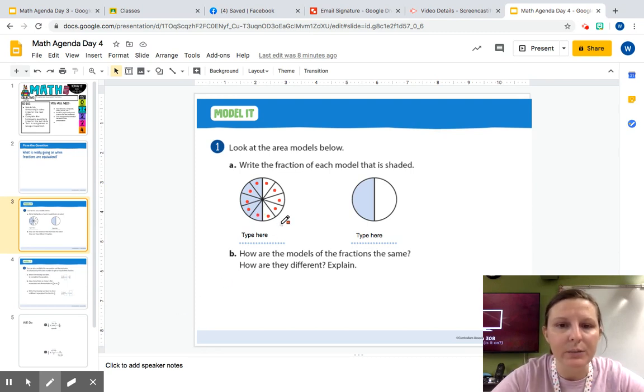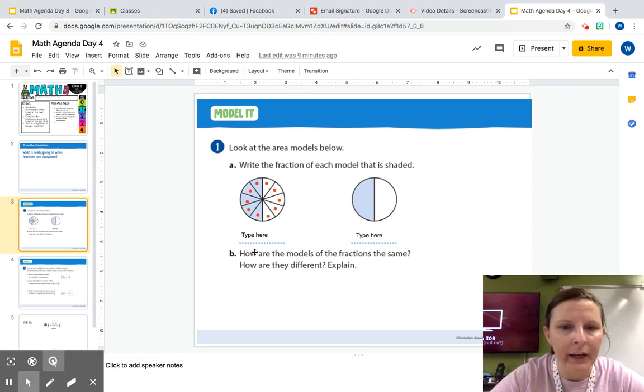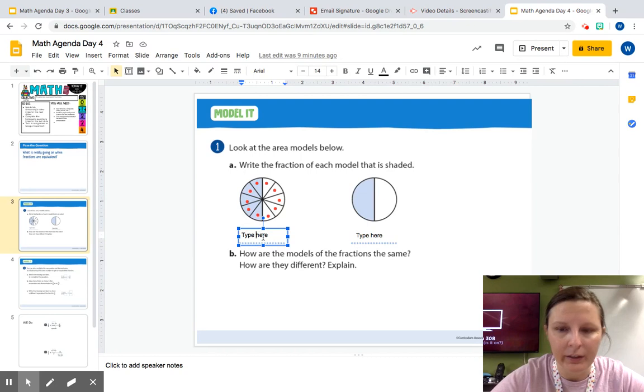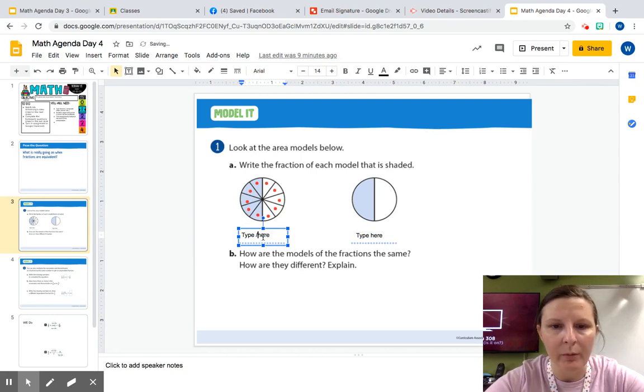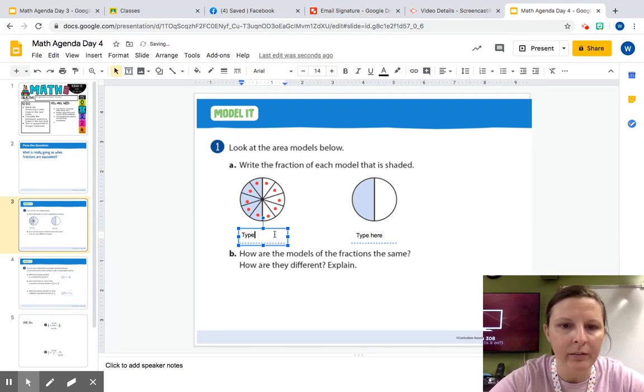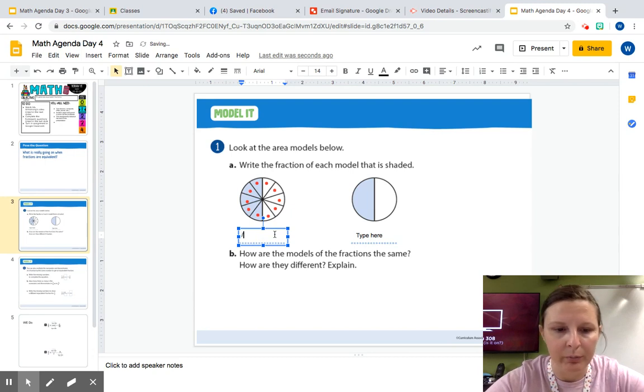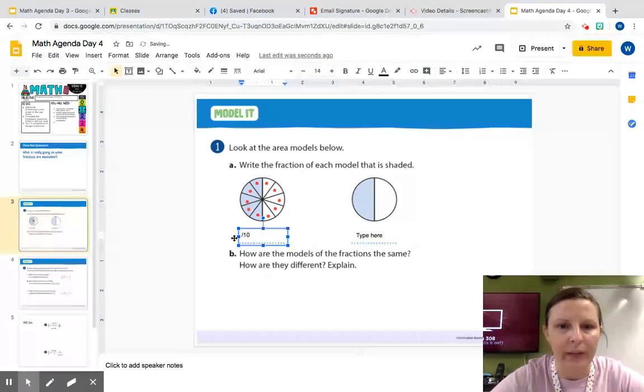Okay, so this one has 10. So that's going to be out of 10. We haven't counted our top number yet, but we have counted our bottom number. So over 10 for that one.